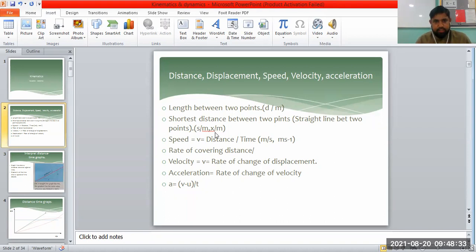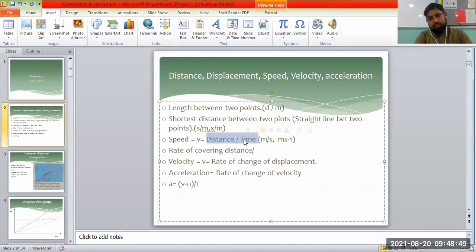Okay, then speed. Speed is distance covered per unit time. Actually, you can make your own definition looking at the formula. So speed is distance covered per unit time. The formula is in front of you. Can someone make another definition for speed?